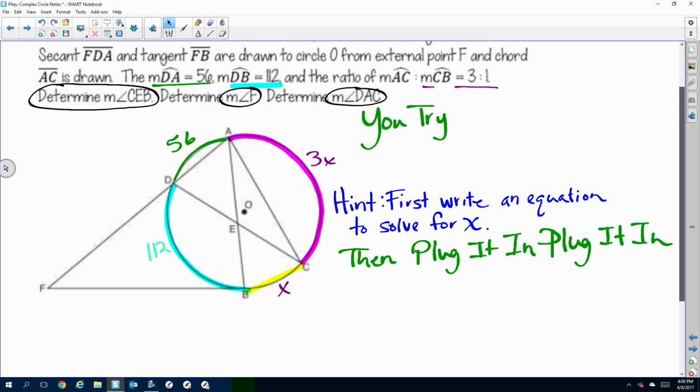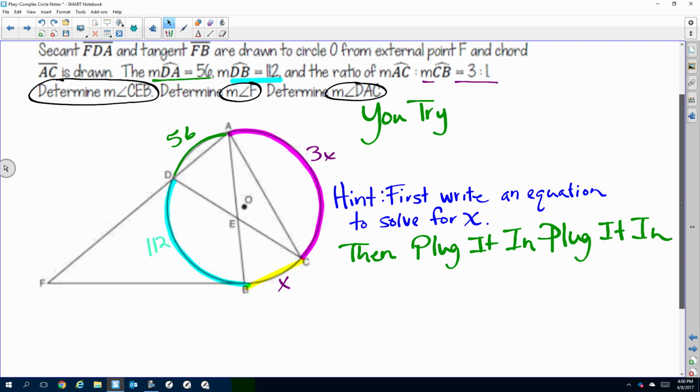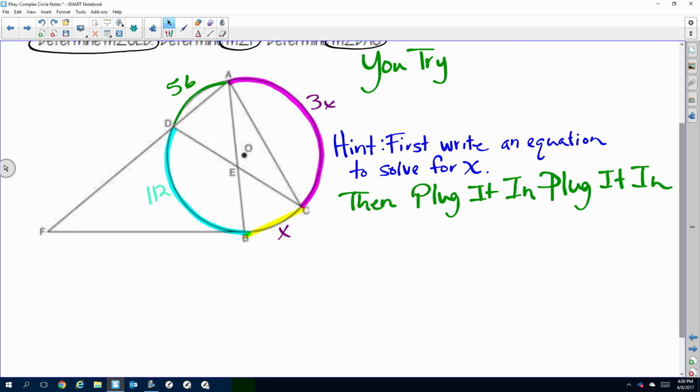What we first want to do is come up with an equation to solve for x. I'm using the sum of my arcs, the sum of a circle. I know it's 360, so I can add these up and come up with my equation. So 3x and x, we have 4x, plus the 56 and 112, equals 360.